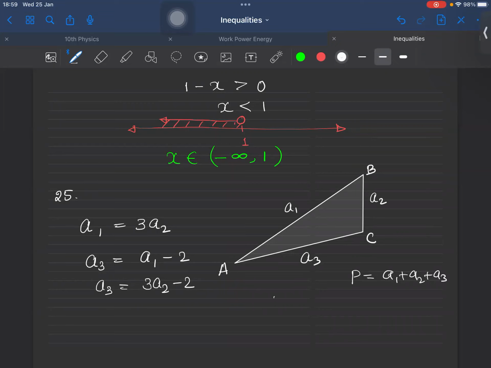It's given that perimeter is at least 61, so it is greater than or equal to 61 centimeters. Now A1 is 3A2, plus A2, plus A3, which is 3A2 minus 2. This should be greater than or equal to 61. Now find the value of A2.